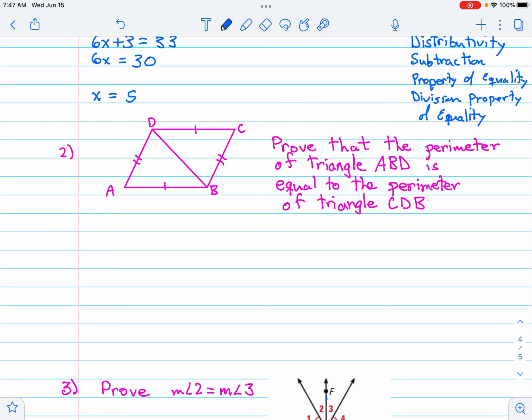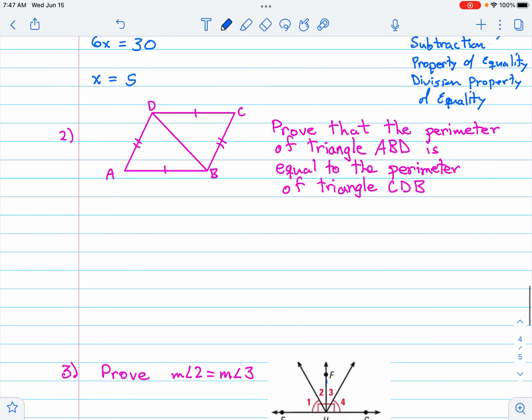Let me start off. First of all, I have these two triangles, and here's what I know. So we are given that, notice, AB is equal to CD. Notice I just write that, and we're given it from the figure.